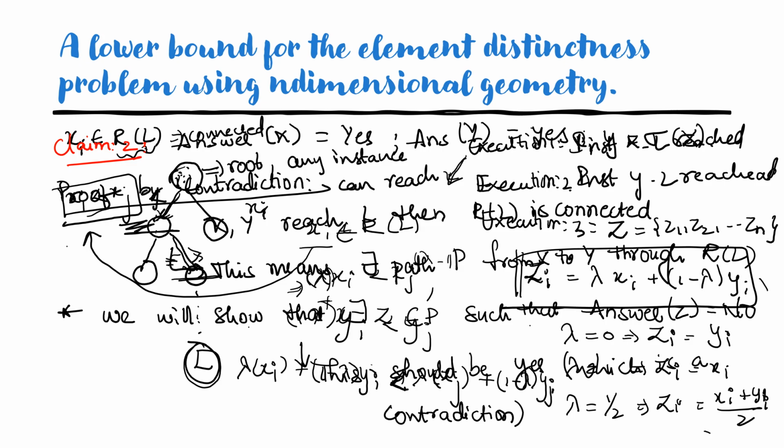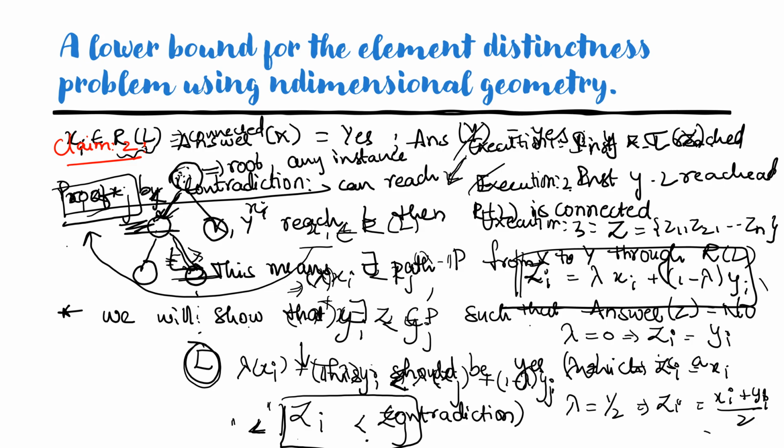So lambda of xi plus 1 minus lambda of yi is nothing but zi, which is less than lambda of xj plus 1 minus lambda of yj, which is nothing but zj. So this is proved. When I know that z satisfies this condition, then the branching will go in the same direction, which means it will take the same less than branch, same as execution 1 and 2.